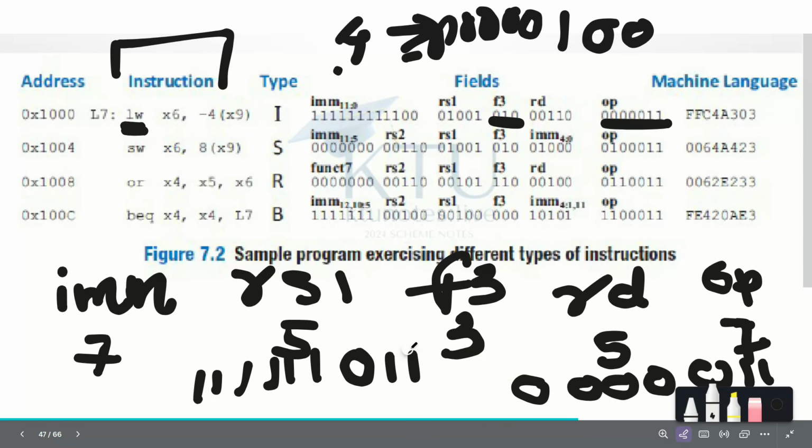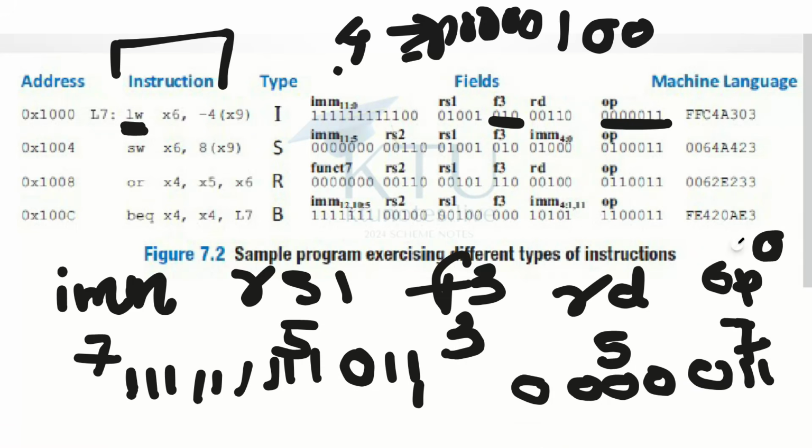Now 2's complement, it should be 12 bit, 1 2 3 4 5 6 7 8 9 10 11 12, ones complement of 4. Now for 2's complement you have to add 1. When you do plus 1 you get 0, again 0, then 1, then 1 1 1 1 1 itself. This is what you get when you do plus 1, right? So that is this value in the immediate.